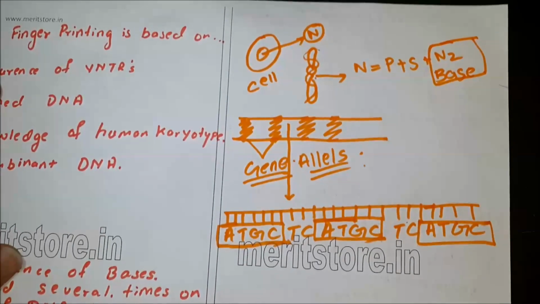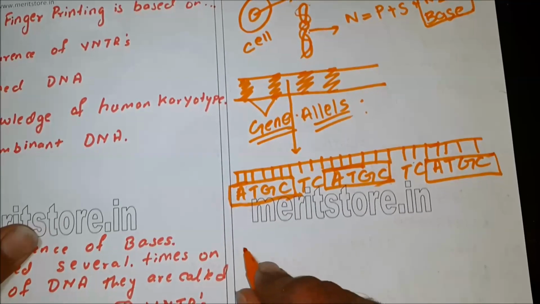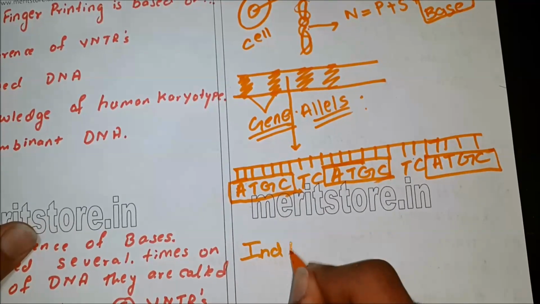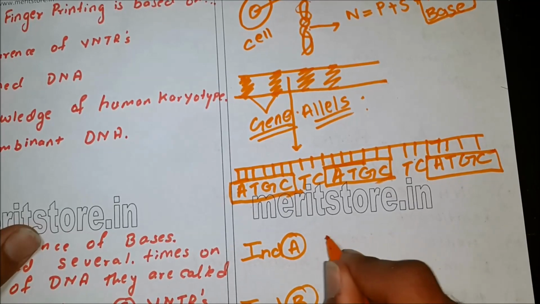Now these tandems are present in all individuals. Say for example, there is an individual A and an individual B. This is just an example.